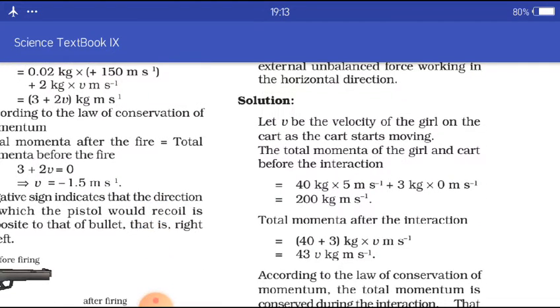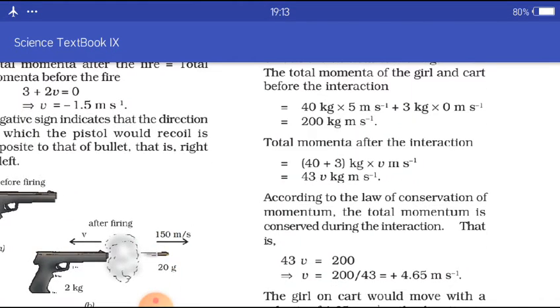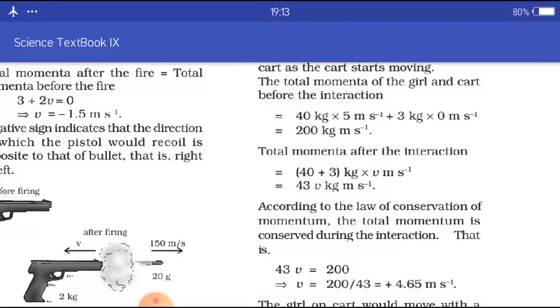Solution. Let v be the velocity of the girl on the cart as the cart starts moving. The total momentum of the girl and cart before the interaction is 40 kg into 5 meter per second plus 3 kg into 0. 3 into 0 will be 0, and 40 into 5 we write 200 kg meter per second.